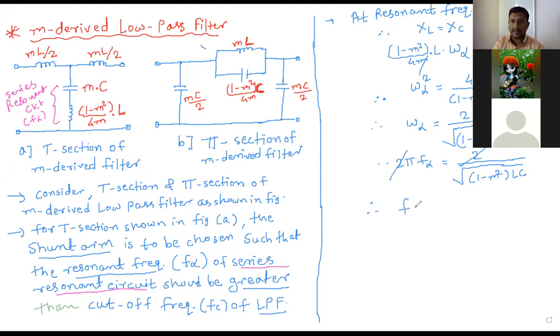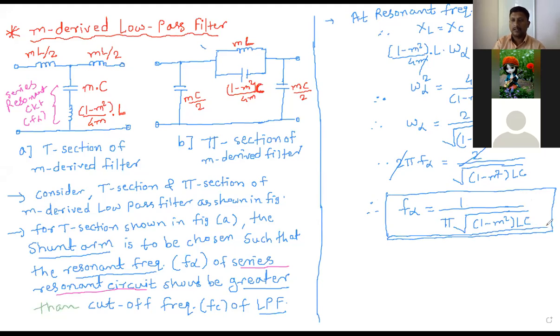So f alpha will be 1 upon pi into under root (1 minus m square) into L into C. This is the equation of f alpha. Up to this one we can consider as equation number 1.